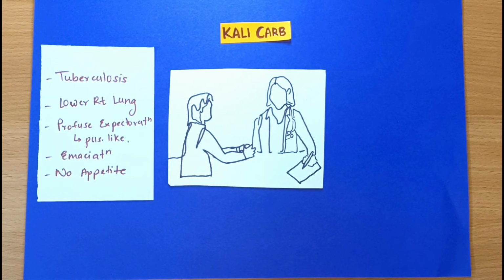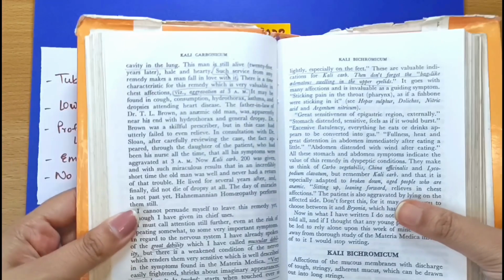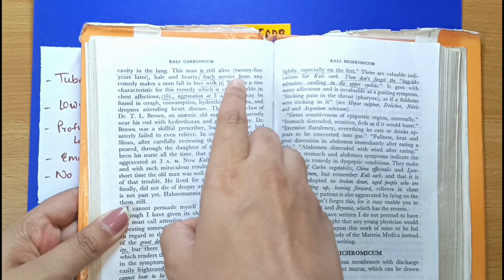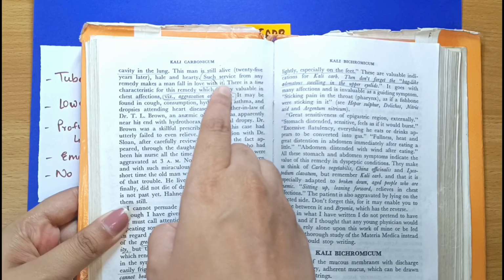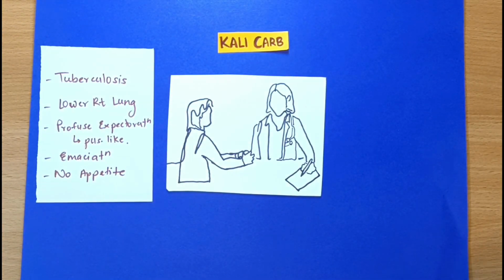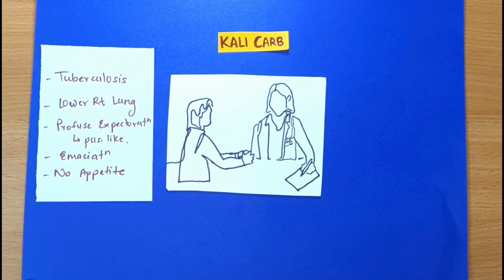And this is what Dr. Nash mentions, I'll show you what he writes himself: such service from any remedy makes a man fall in love with it. So I hope you also are falling in love with Kali Carb because of its miraculous results that Dr. Nash is showing us.